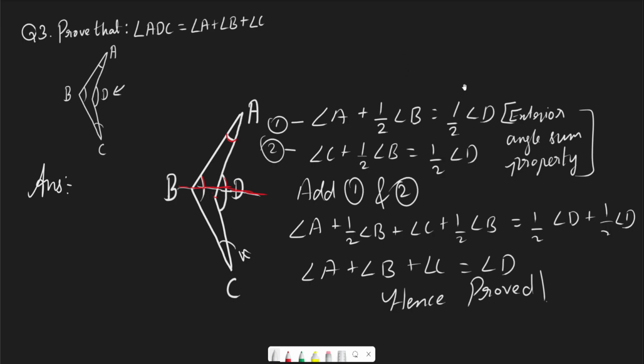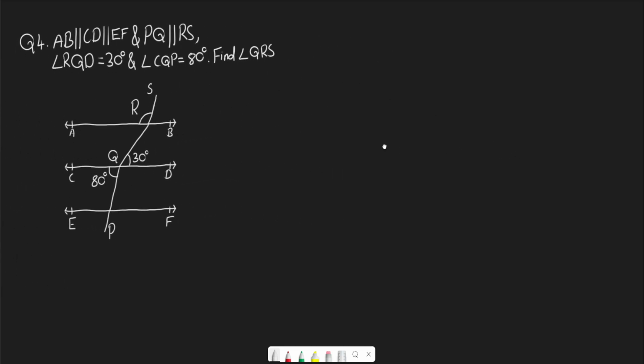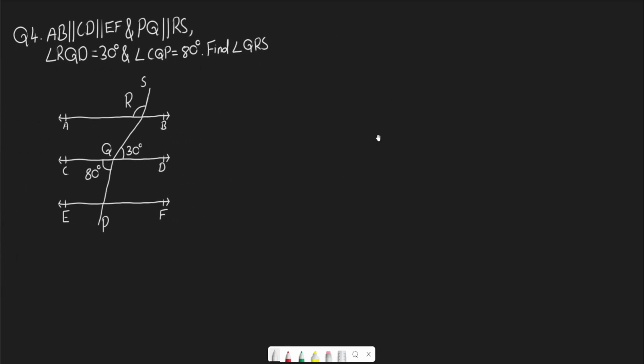Let's go ahead and do question number 4, and that's the final question. AB is parallel to CD, and as you can see, it is parallel to EF. And PQ is parallel to RS.